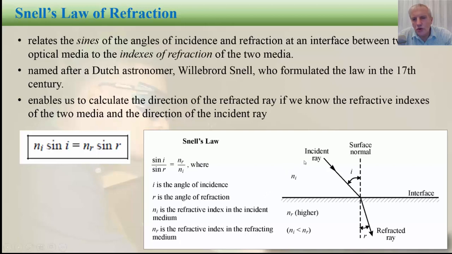You would know the indices of refraction of the incident and the refracted medium, which are N sub I and N sub R. You're also going to know the incident angle I. From this formula, you're going to be calculating the value of the refracted angle to establish the direction at which the refracted light ray is going to propagate.